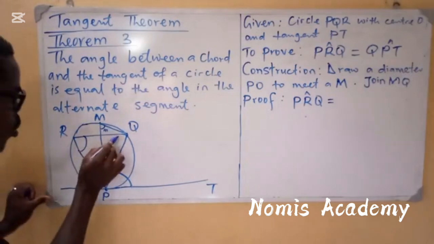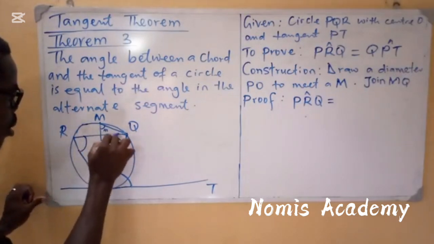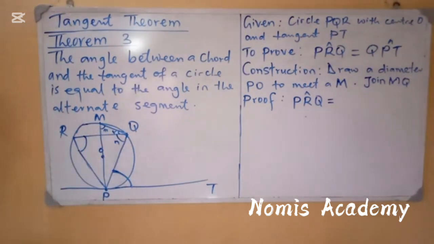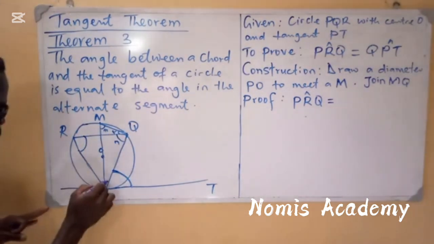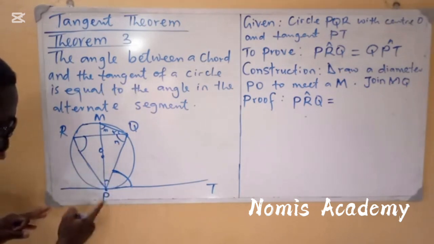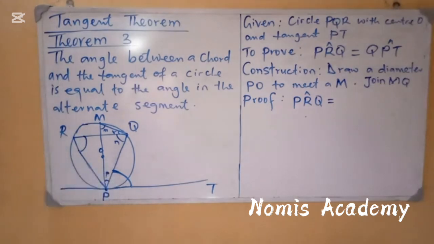And then we can also call this side N, call here R, and then we can also call here small letter P. Okay, now let's proceed.